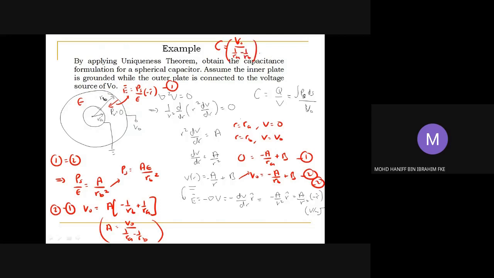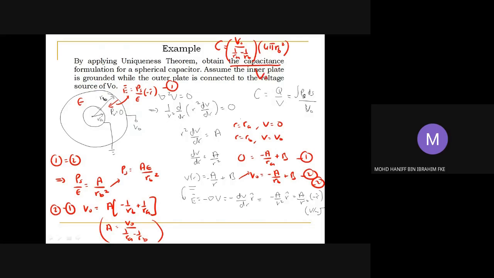And the ds will be 4 pi RB squared. Remember, you are calculating this at this particular radius of RB. That's why you are using the integration of ds to be 4 pi RB squared, which is the spherical surface at R equals RB. And that should be divided by V naught.